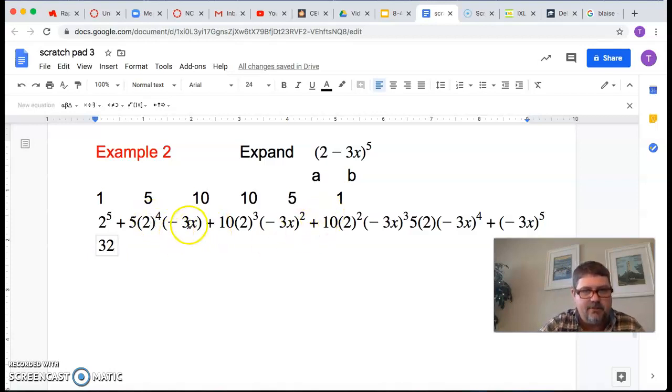Now I've already computed this here. This 5 times 2 to the 4th times negative 3 gives me a negative 240x, and I encourage you to try that on your own.